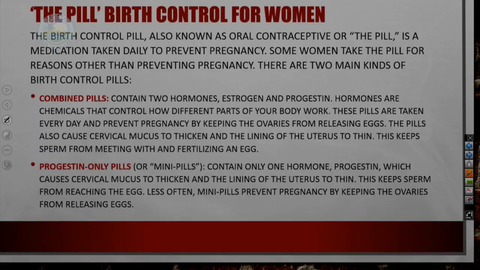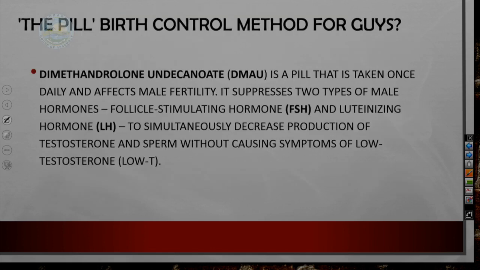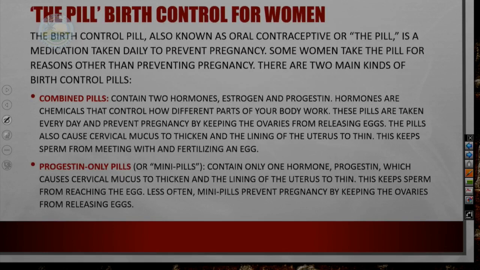Right? We just want to note, as I indicated, the woman can use a birth control pill. We do have these pills on the market, and we have two types. We have the combined pills, which contain two hormones, estrogen and progesterone.